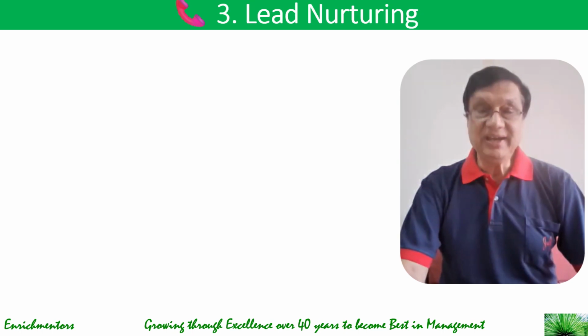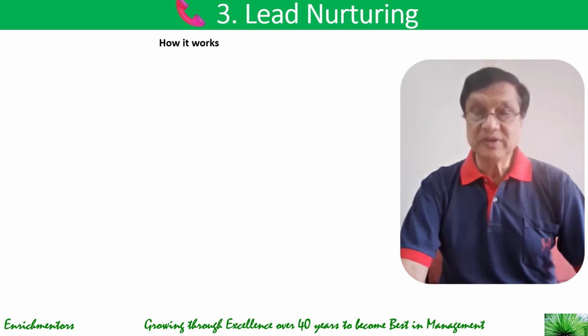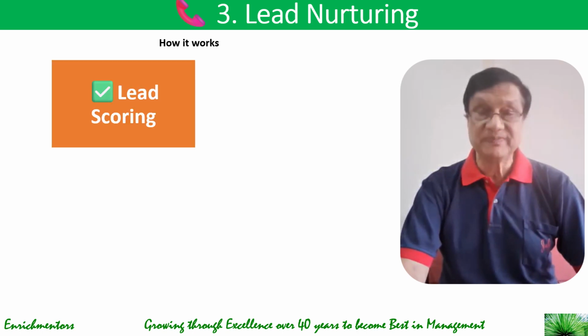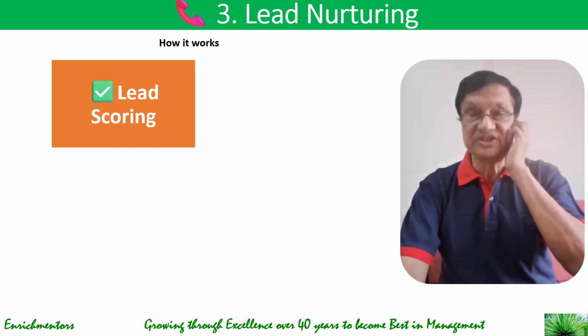The third thing AI can help you do is in lead nurturing. Now, how does it work? AI assigns scores based on the user behavior, like website visits, email opens, content downloads, and prioritizes high intent leads. It scores the leads.